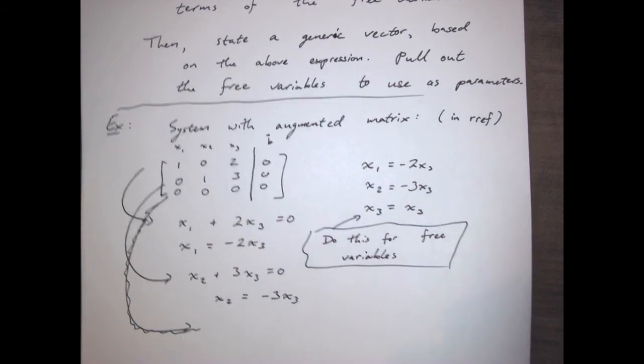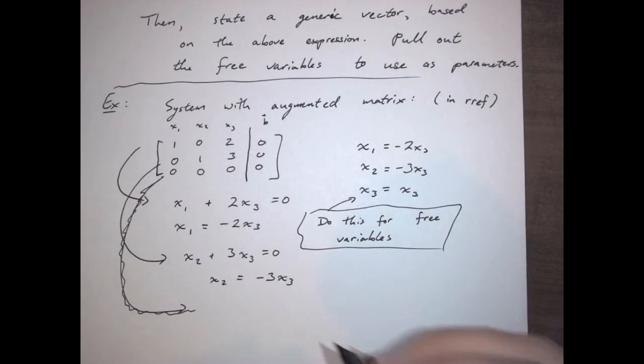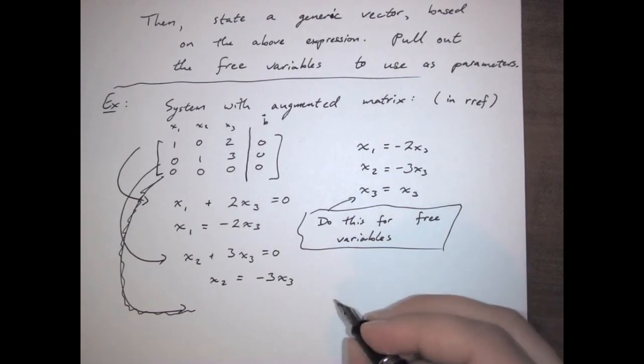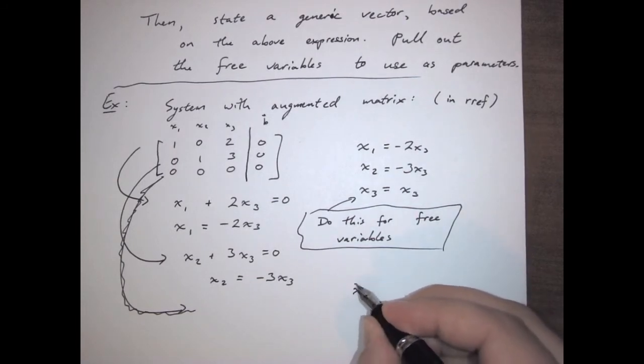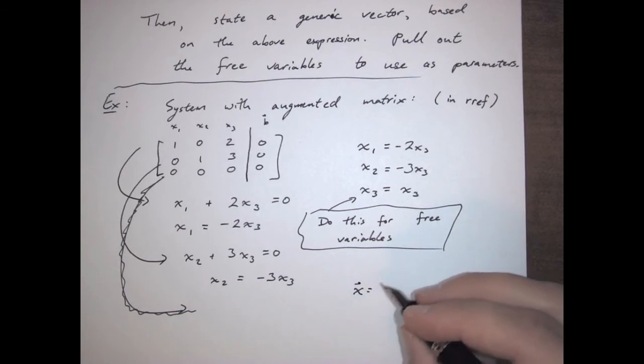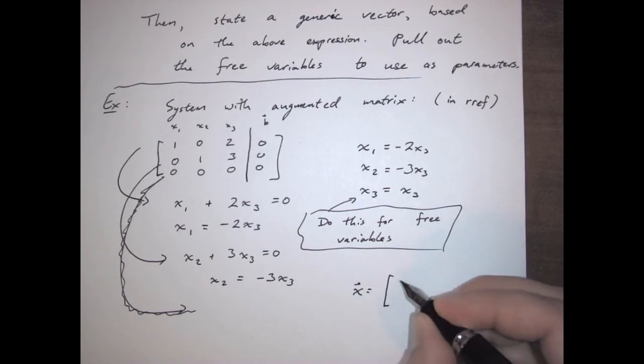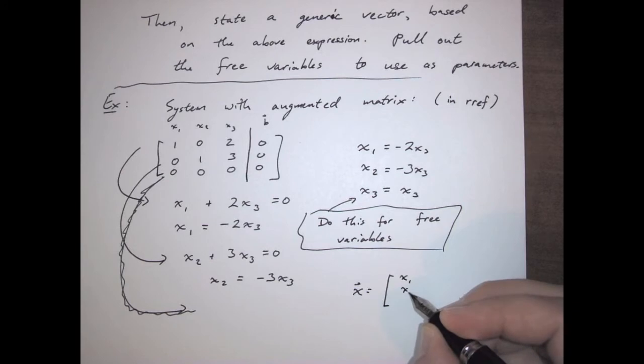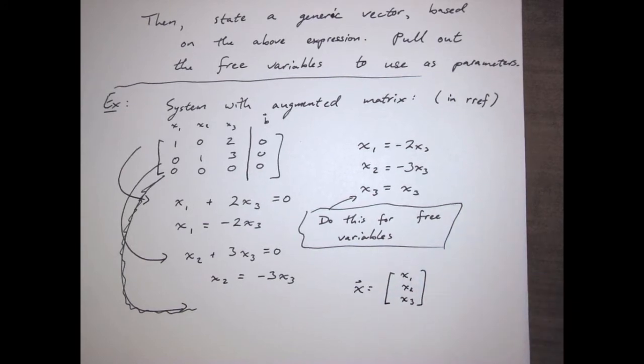And then if we think about what we would have for a generic element of the solution set here, that would be a generic vector x, which is equal to x1, x2, x3.